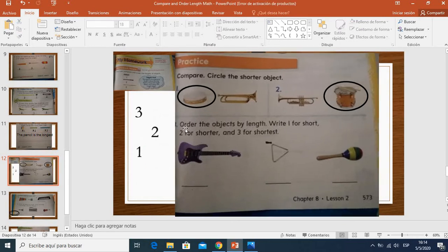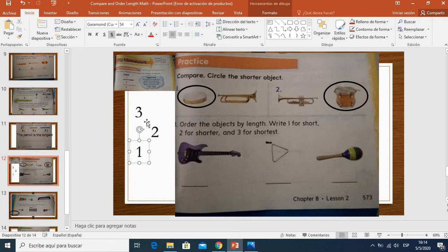Now, exercise number 3 reads, order the objects by length. Write number 1 for short, 2 for shorter, and 3 for shortest, the shortest of all. All right? So, we are going to start with the shortest object, el más cortito de los tres.